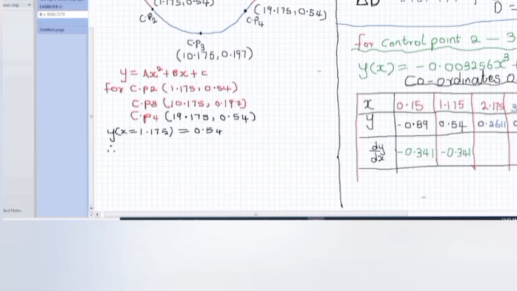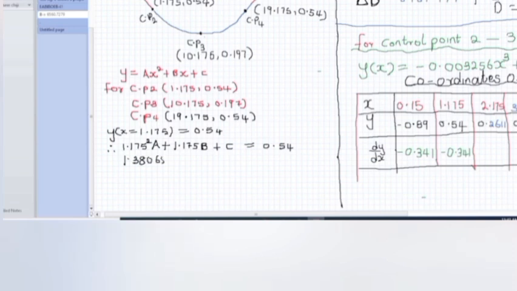We substitute into the expression: 1.175² a + 1.175 b + c = 0.54.